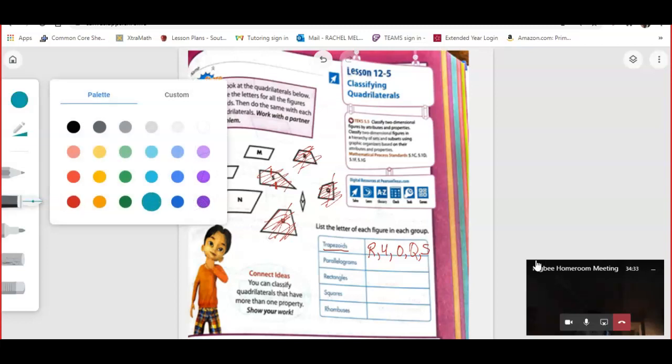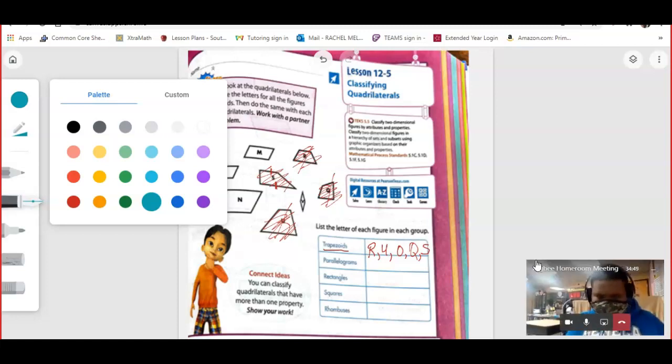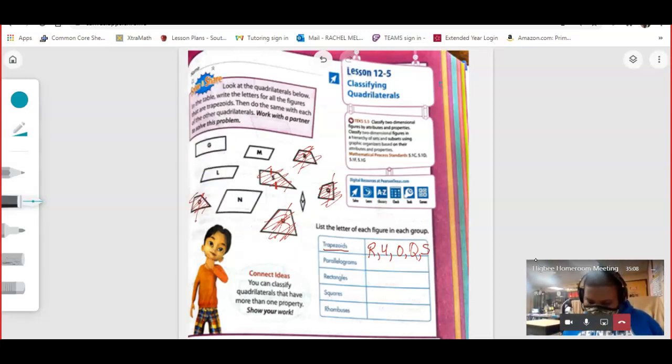David, what is the definition of a parallelogram? We can't hear you. Okay, Israel, help him out. What's a parallelogram? Both pairs of opposite sides are parallel and equal in length.